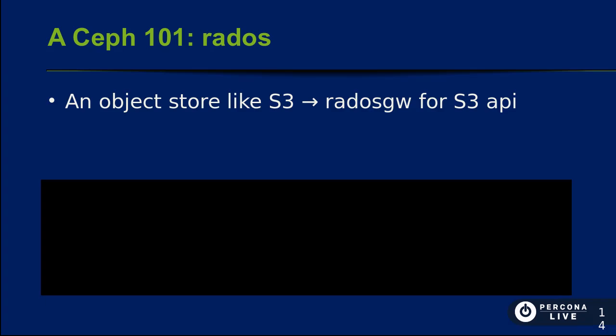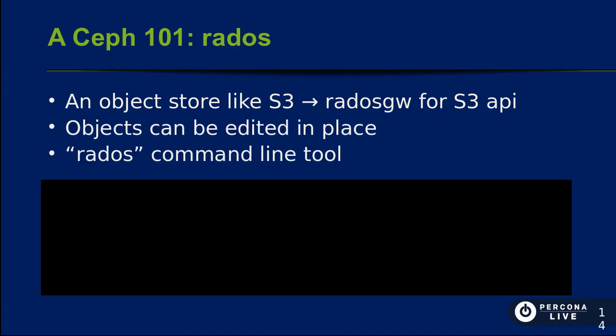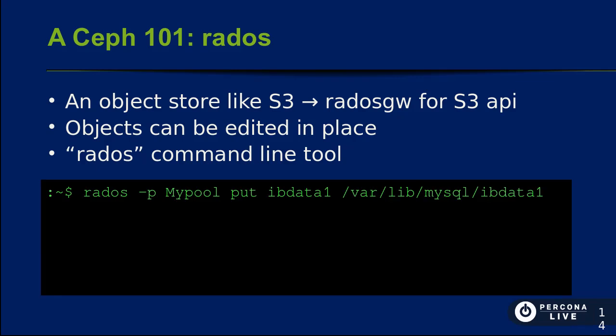So let's do a small show here. You want to store an object in Rados. There's the Rados command line. Let's say here, I want to put my IBData1 file directly in Rados.